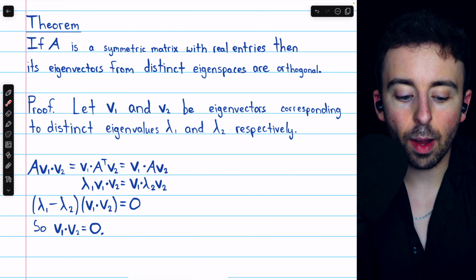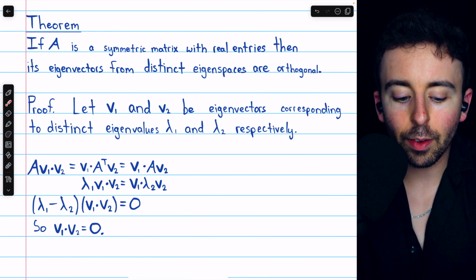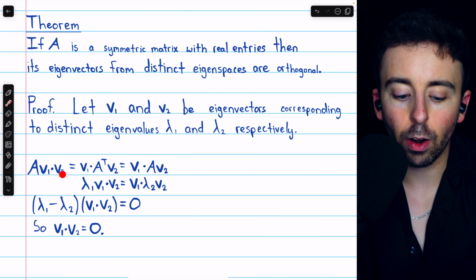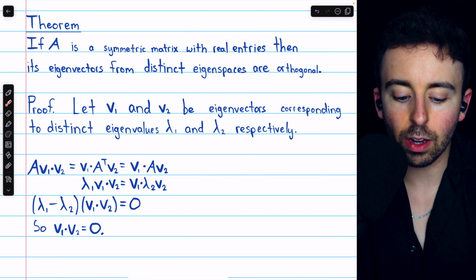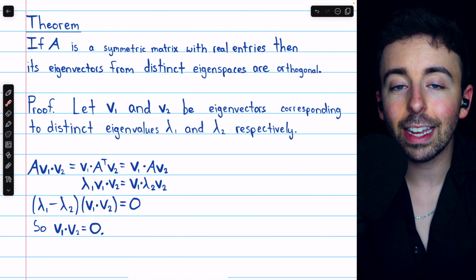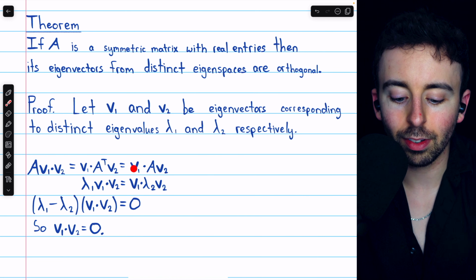So consider the dot product Av1 dot v2. Instead of having A paired with v1, we can bring it in to be paired with v2 if we take its transpose. So this equals v1 dot A transpose v2. But since A is symmetric, taking its transpose doesn't actually change it, so this just equals this without the transpose.